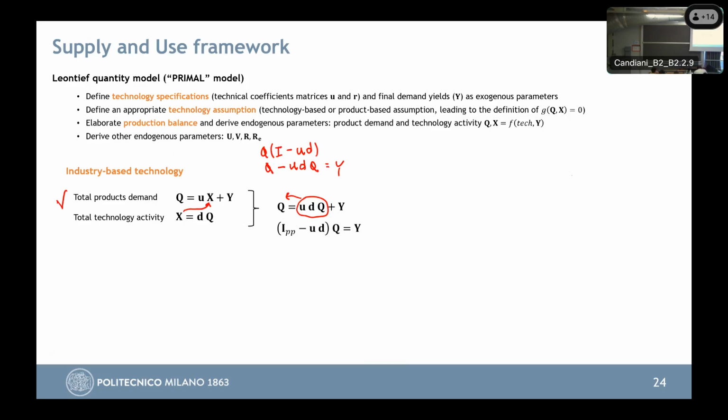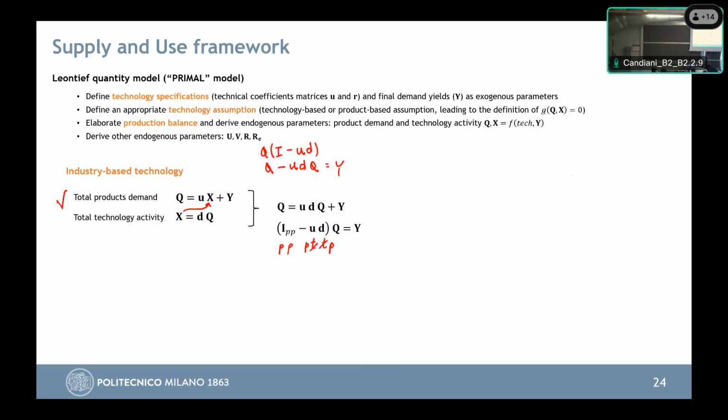Remember that in this case we have U, that is product by technology, and then D, that is technology by product. So if I want to solve this system of equations, I have to define an identity matrix that is product by product. Okay, fine.